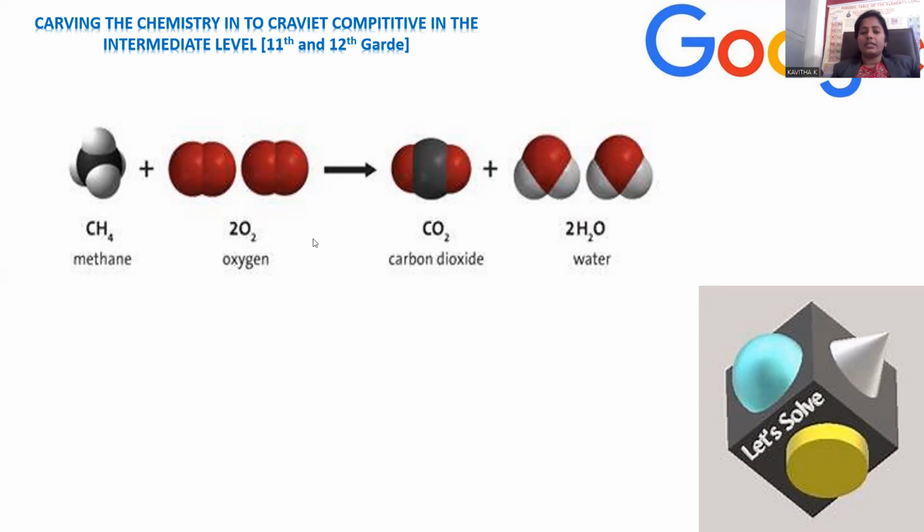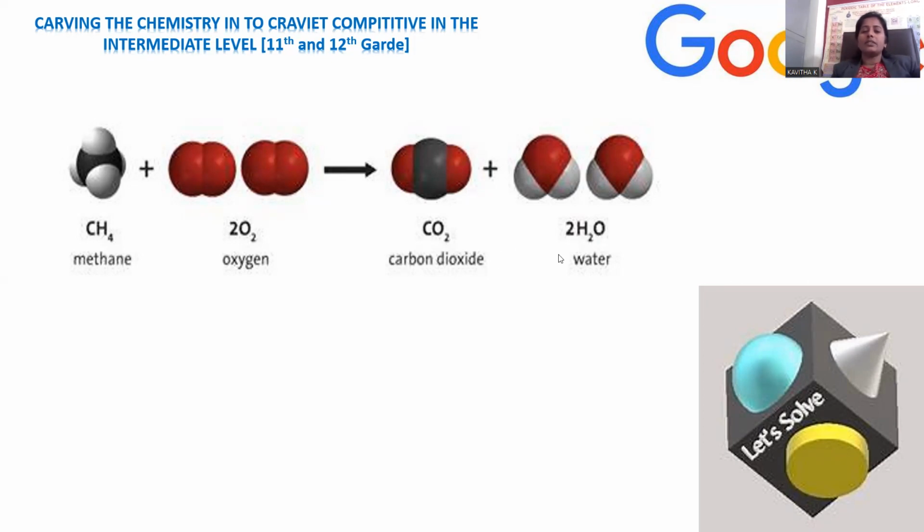On the reactant side, O2 means 2 oxygens; we find 2 oxygens in carbon dioxide and 2 oxygens in 2 moles of water. So 1 methane, 2 oxygen gives rise to 1 carbon dioxide and 2 water.